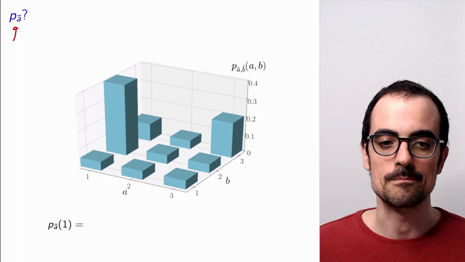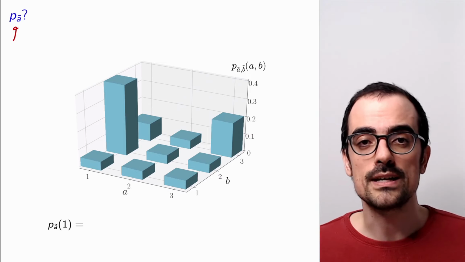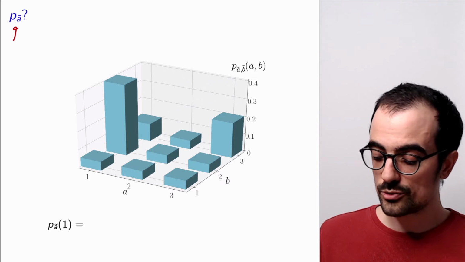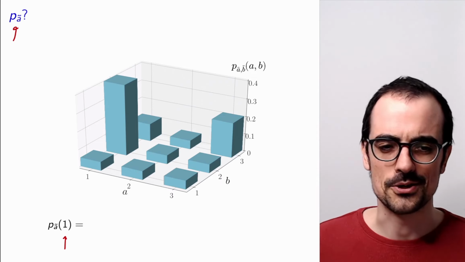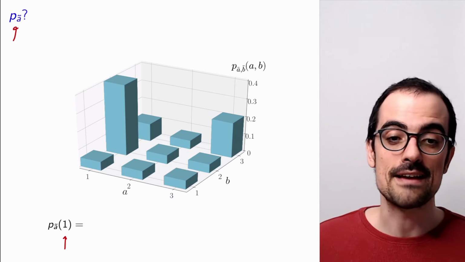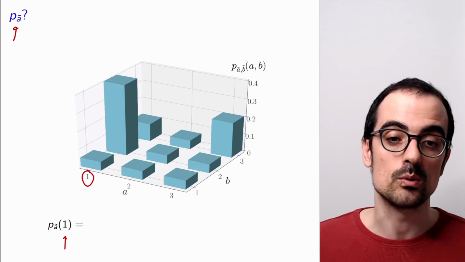which says that the PMF is a PMF of the random variable A. If we want to find the entries of the PMF of A, how do we go about it? Well, by definition, the PMF evaluated at 1 just tells us the probability that A is equal to 1.